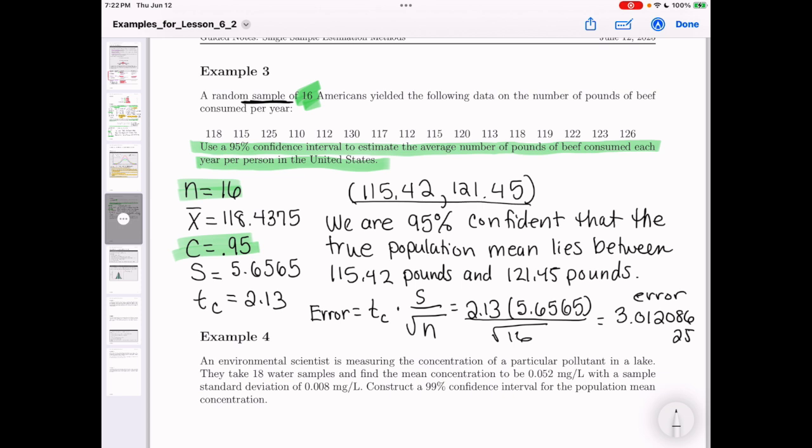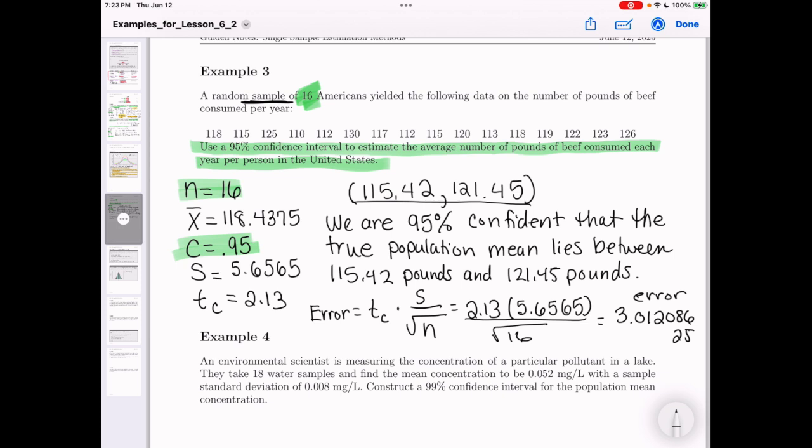So let's check. If we take 118.4375 and we subtract 3.01208625, that was our error, we get 115.42. That works.